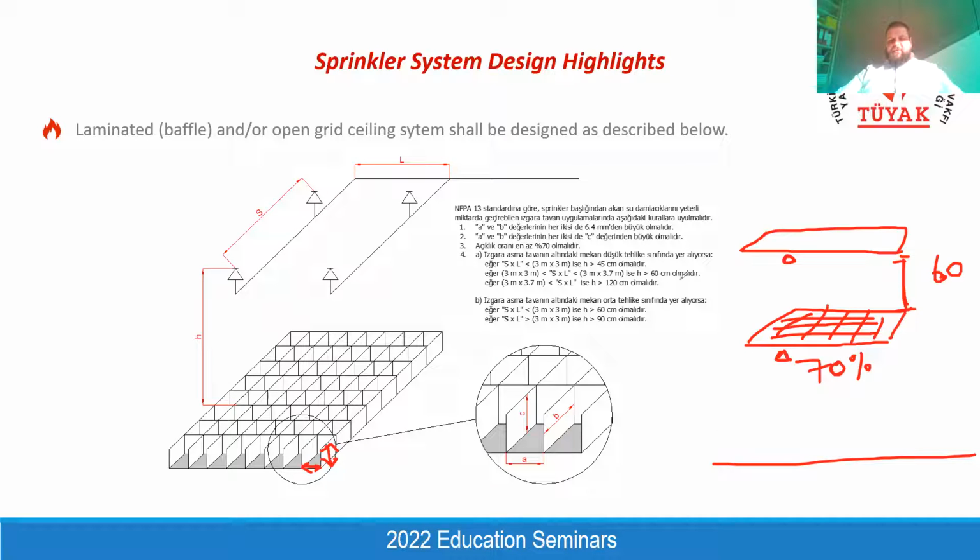That's why you need to check the physical conditions of your ceiling, and you need to check the openness, and also you need to decide the levels of the suspended ceiling so that the lower level sprinkler can be omitted and you can find a view that is required by architect point of view.